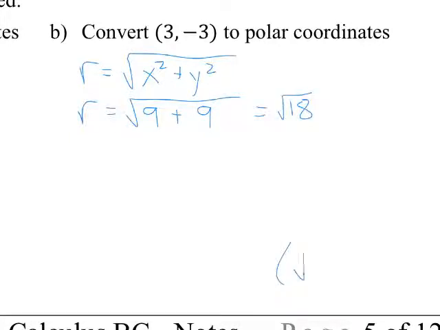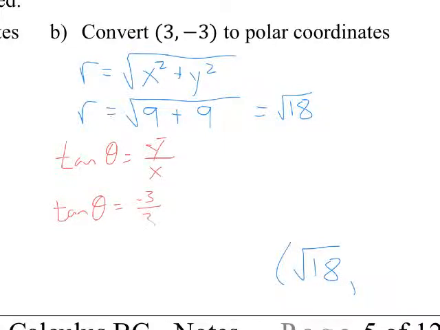Put that down here, root 18. And then we need to find our angle. So our angle, tangent of theta, is equal to y over x. So we'll write tangent of theta is equal to -3 over 3, or tangent of theta is equal to -1. And we want to know the angle that tangent of theta is equal to -1.